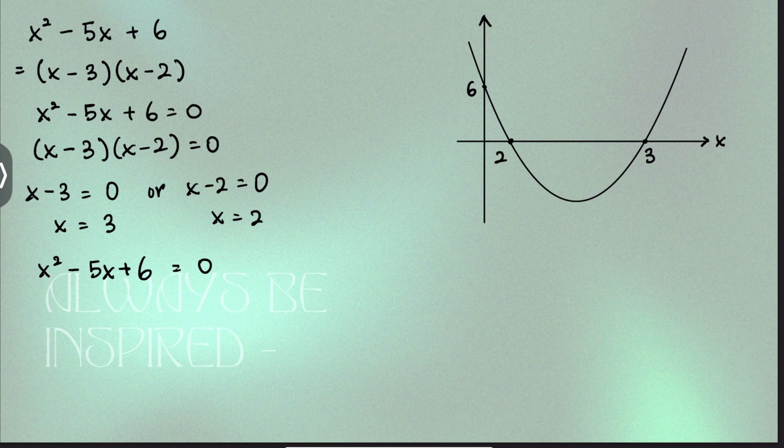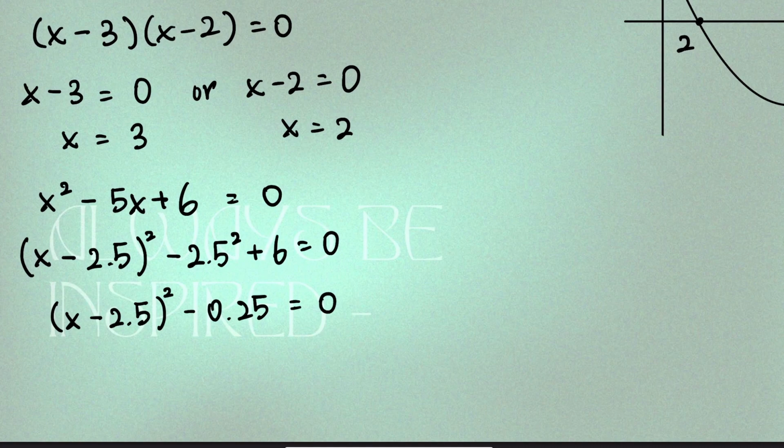The first thing I need to focus on is the first 2 bits, and I know that that is going to be x minus half of that, so that will be 2.5, whole bracket squared. Because I did that, I have to do the same thing outside: minus 2.5 squared plus 6 equals 0. And then from there, I need to tidy up this half of it. That will be negative 0.25.